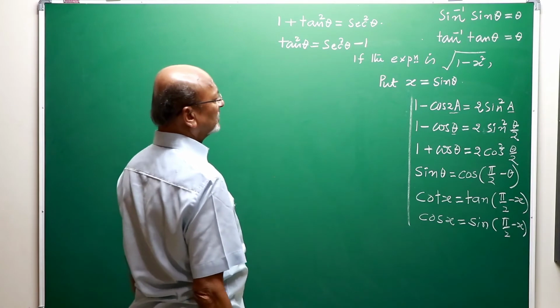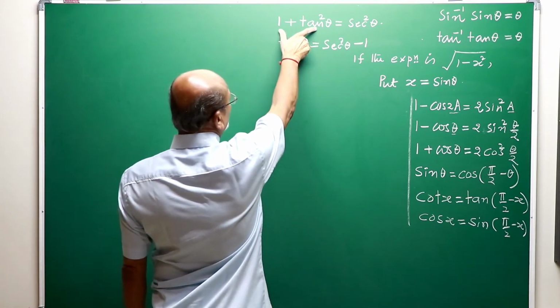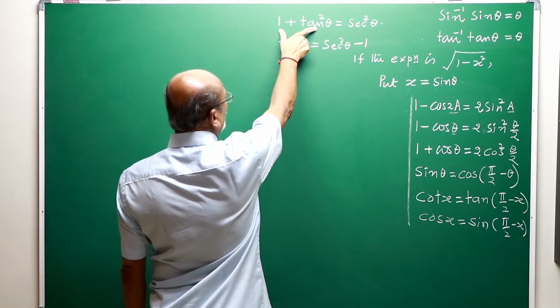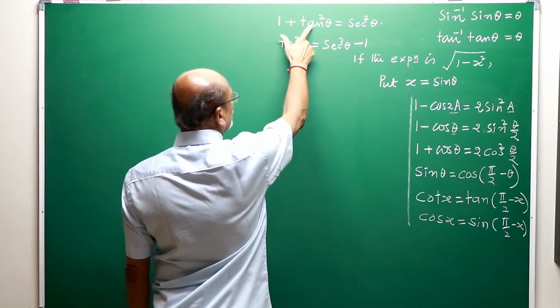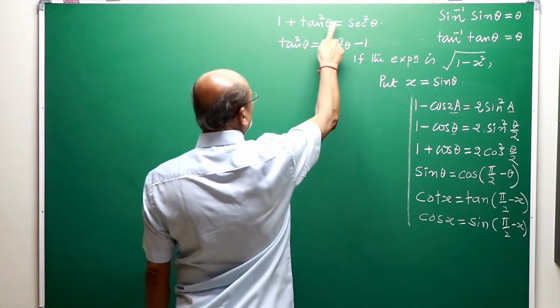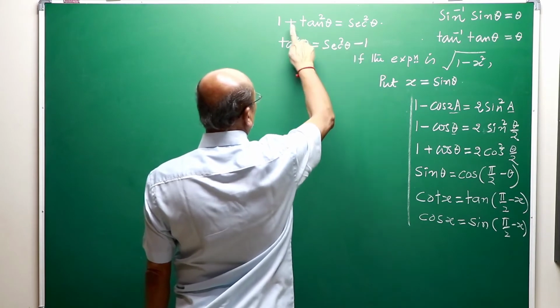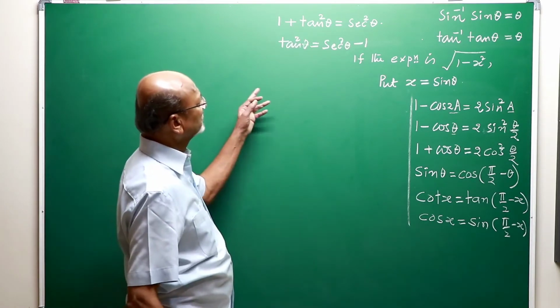If the expression is of the type 1 plus x square or root 1 plus x square, then put x equal to tan theta. Then 1 plus x square is sec square theta, and root of it is sec theta.